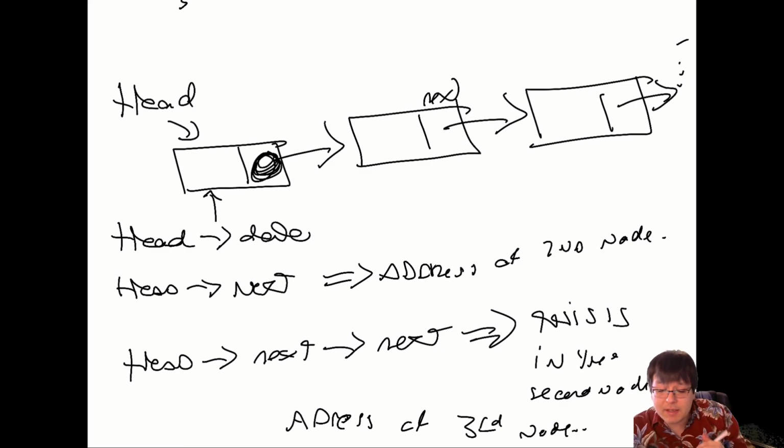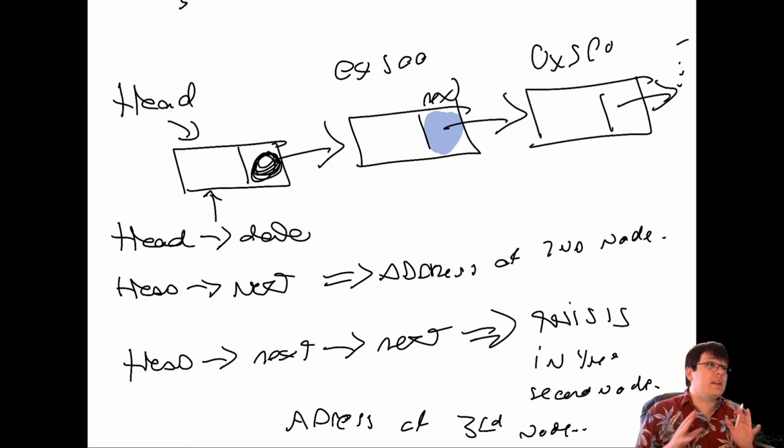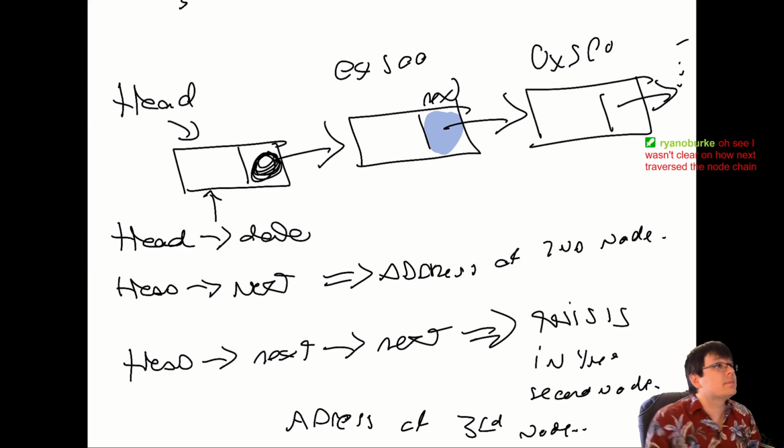Okay? Does that make sense? Remember, what is stored here is actually the address. It's an address in hexadecimal, which is wherever this guy is stored. But it's in the second node, but it's the address to the third node. Okay? Well, hopefully you guys are clear now.